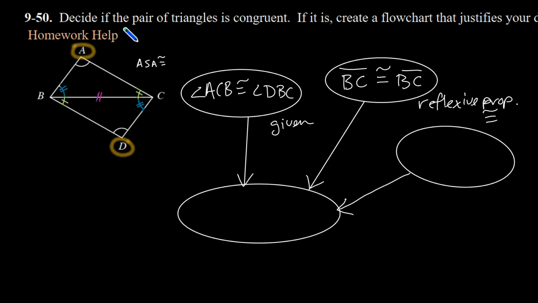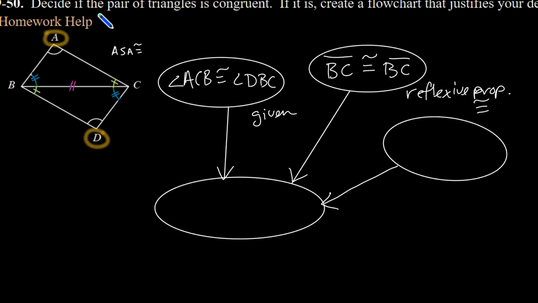So I've got a pair of congruent angles, I've got a side that's connecting another pair of congruent angles, and that other pair of congruent angles are the ones I highlighted in blue. And the good names for those would be angle ABC, that's the top one, right?